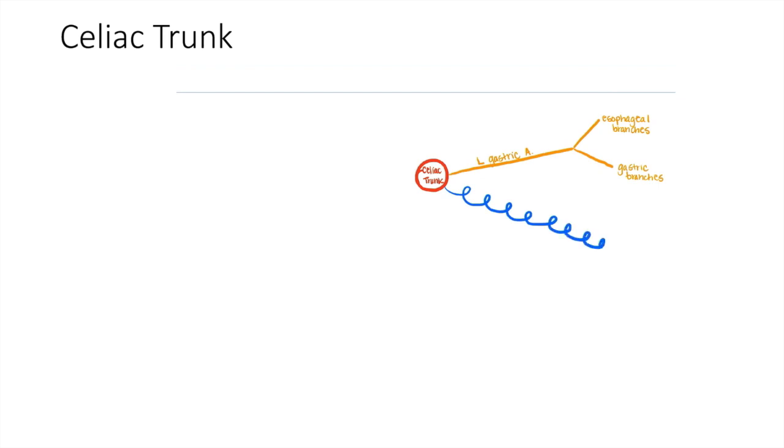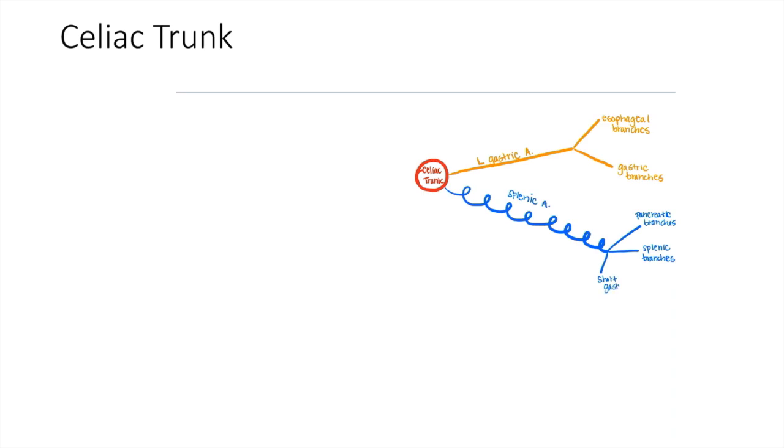We're going to draw this curlicue one, which is our splenic artery, and if you look at it in lab, it curls like that, and it throws off a branch, which is our pancreatic branches. Then we have another branch, which is our splenic branches, which of course goes to our spleen.